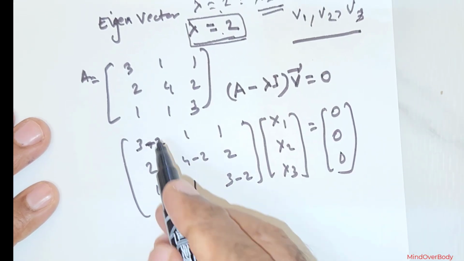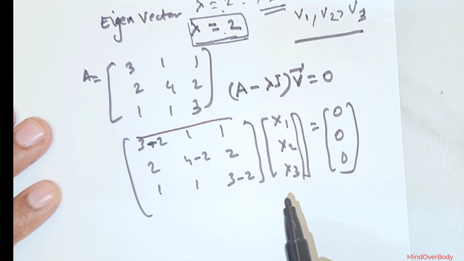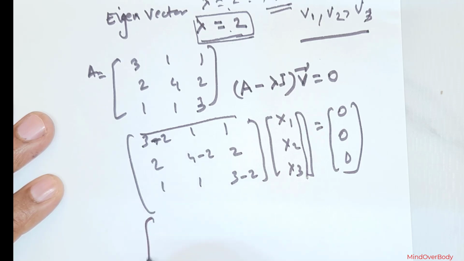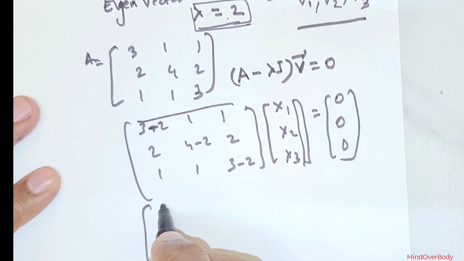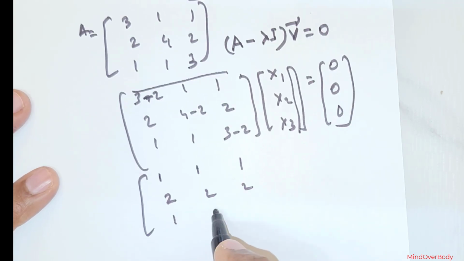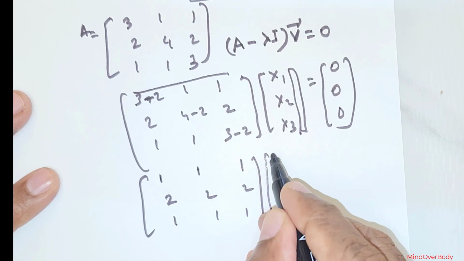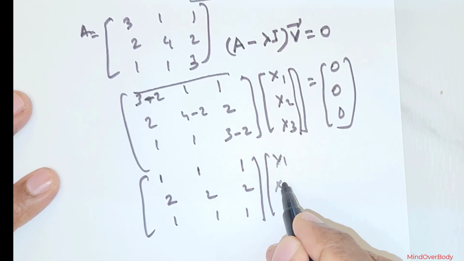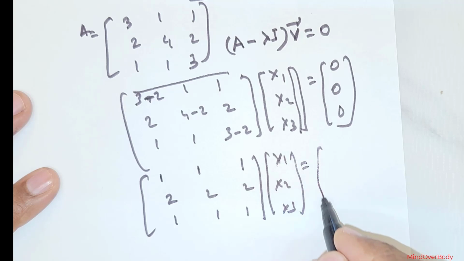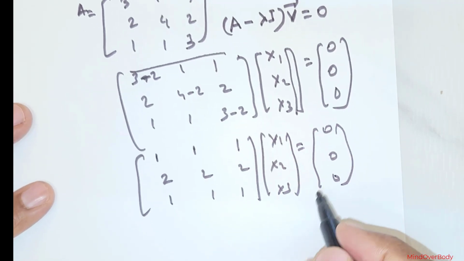So let me resolve this. 3 minus 2 is 1. This is 1, this is 1, this is 2, this is 2, 2, 1, 1 and 1, multiplied with x1, x2 and x3, is equal to 0, 0, 0.